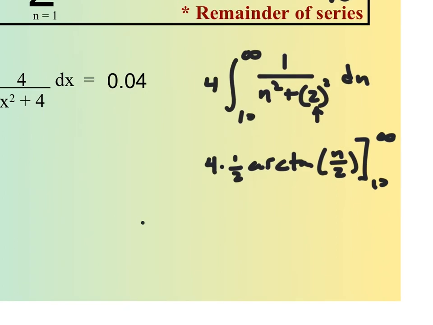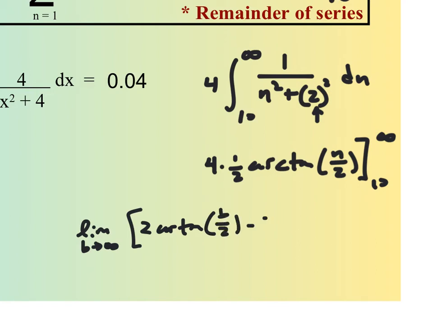So let's see what that comes out to be. All right, that would be the limit as b goes to infinity of 2 arctan of b over 2 minus 2 arctan of 5.